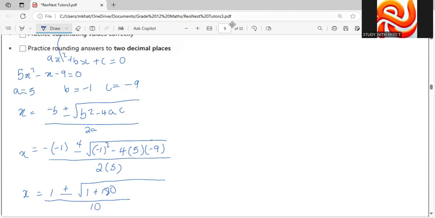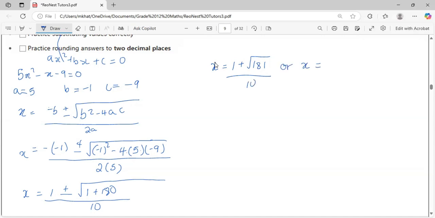So now I'm going to look for x when we have 1 plus the square root of 181 over 10, or x when we have 1 minus the square root of 181 all over 10, right? So with this one, we're going to get 1,45.